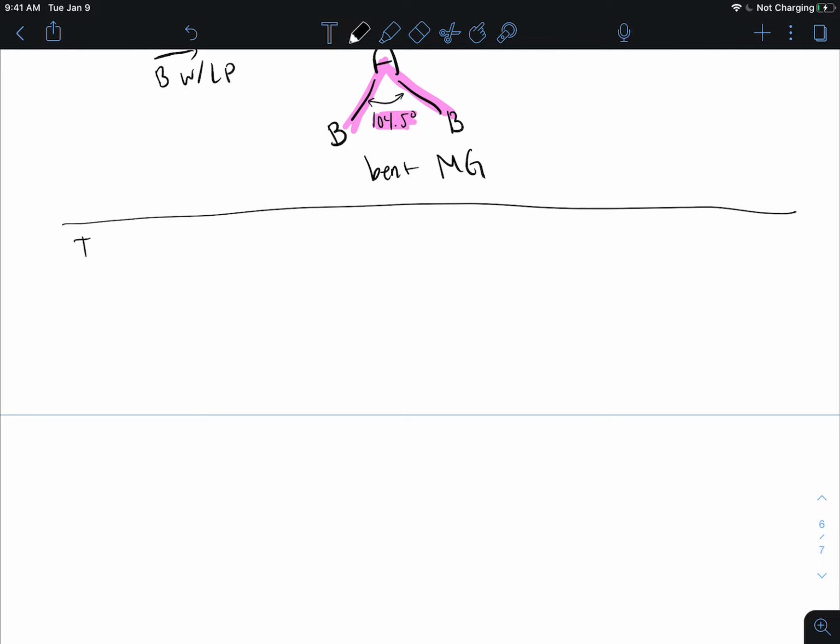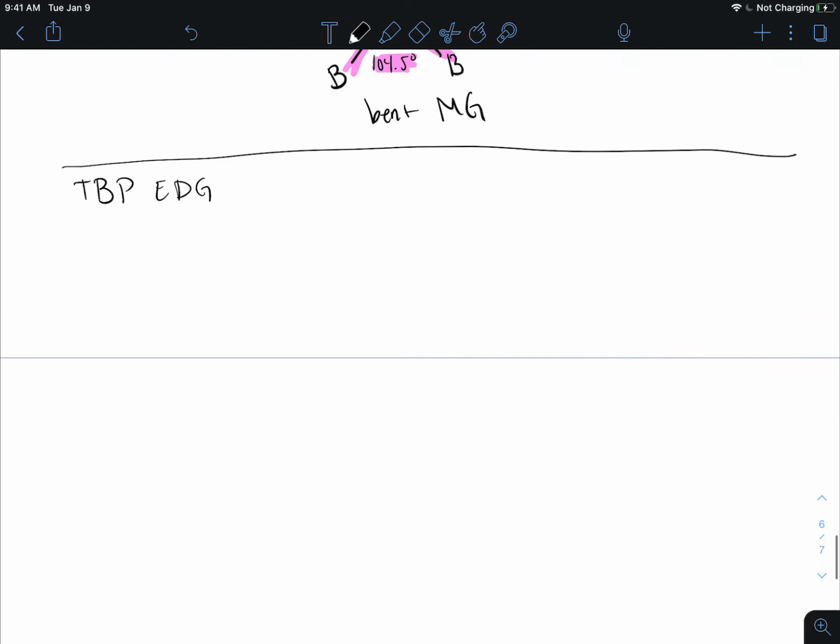Next, we have our trigonal bipyramidal, TBP, electron domain geometry. So we've got our two pyramids on top of each other with their triangle bases. And here our molecular geometry is also trigonal bipyramidal because we have no lone pairs.